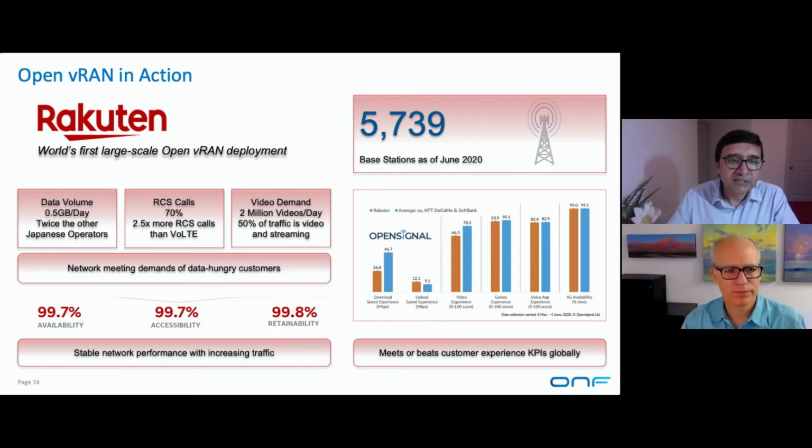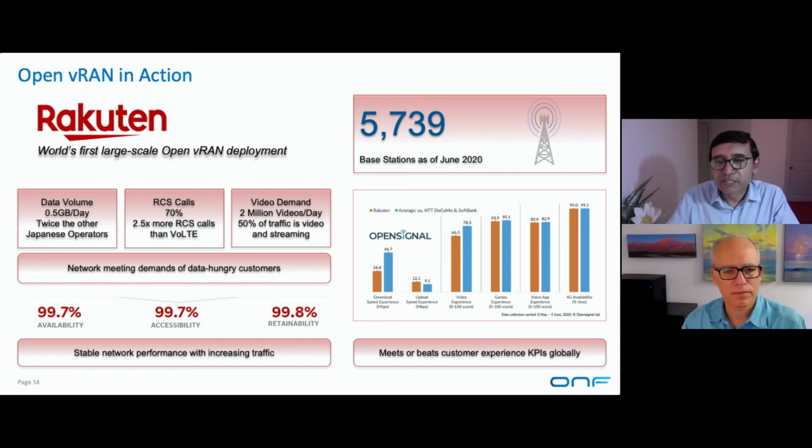The RCS calls are 2 to 5x more than the VoLTE calls, and there is high video demand. Also, the stability is very good. It's 99.7% availability, accessibility, and retainability. All these KPIs are very good KPIs.